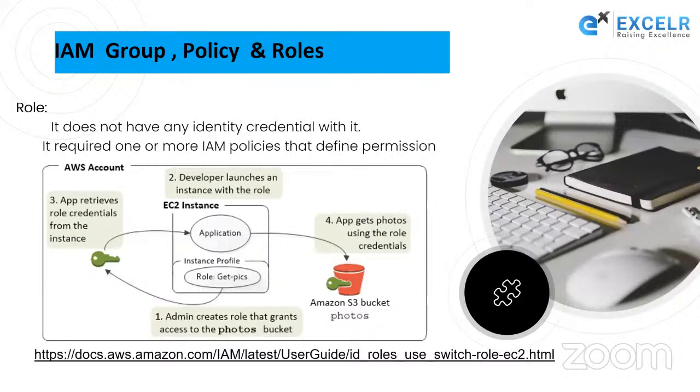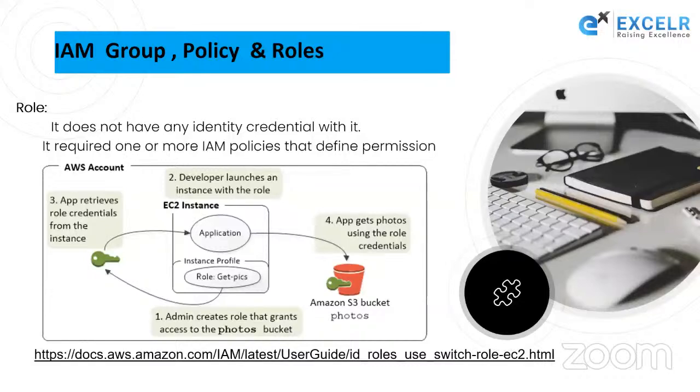The best way to give a permission to a particular resource is by using roles. Looking at option one, the admin creates a role that grants access to the photos bucket. This is talking about the S3 bucket. This role is assigned to the EC2 instance when it is created. How it is created and how we attach it, we will see in the EC2 instance class. But for the time being, just assume this role is attached to a user. Once you attach this role, it will have permission to work with the S3 bucket.